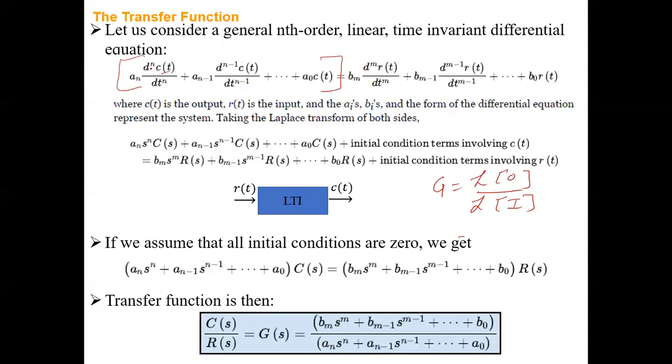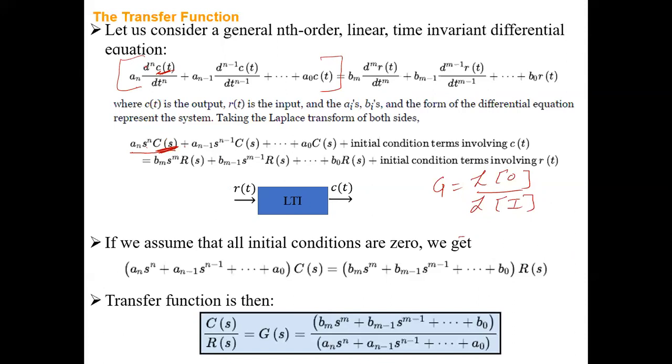This is the nth order. So take the Laplace transform of this, which is an s to the n C(s). Remember, this is little c(t), this is big C(s), the Laplace transform of the function.